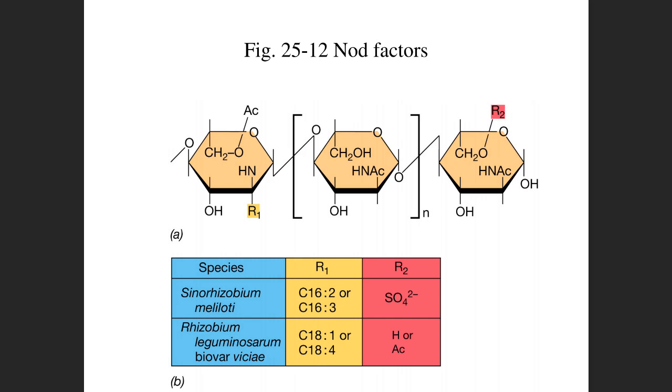Just like you can recognize your friend by voice. If someone calls you on the phone and you don't recognize the phone number, you pick up and you can tell who's your friend, right? Because we each speak differently. Our voice has unique signatures. So the signature of bacteria is embedded in these nod factors.